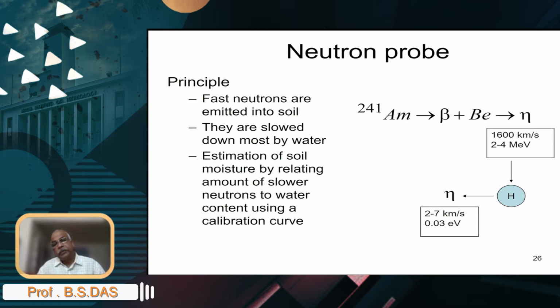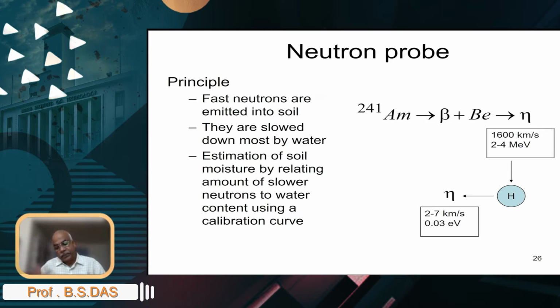So typically the availability of the hydrogen atom, which is from the water: the higher the amount of water present, the more hydrogen atoms are available to thermalize or slow down these fast neutrons.